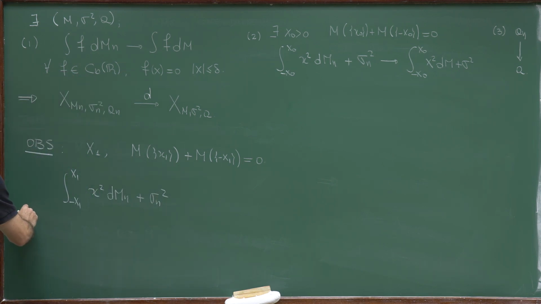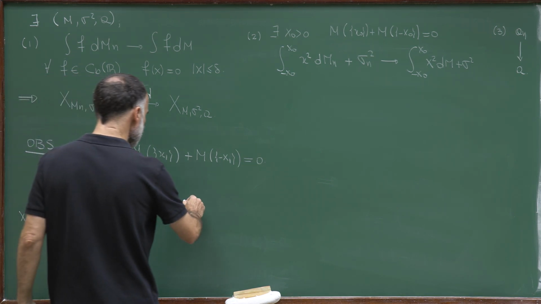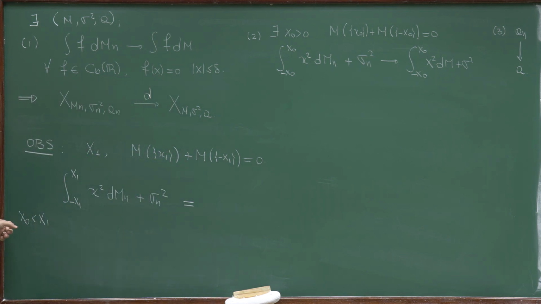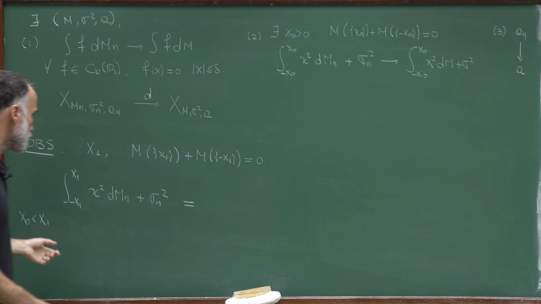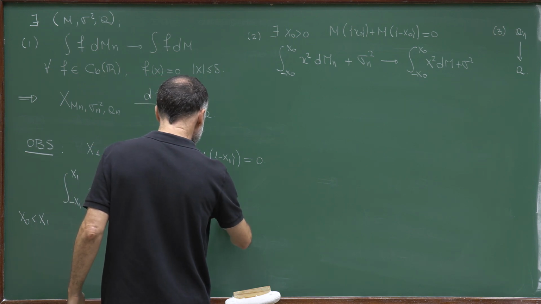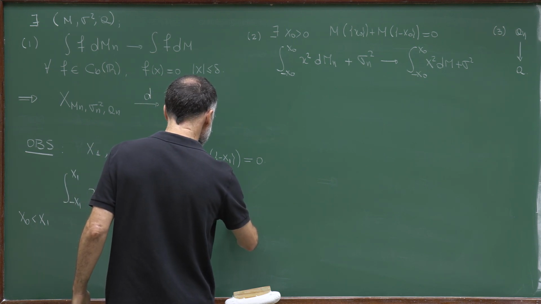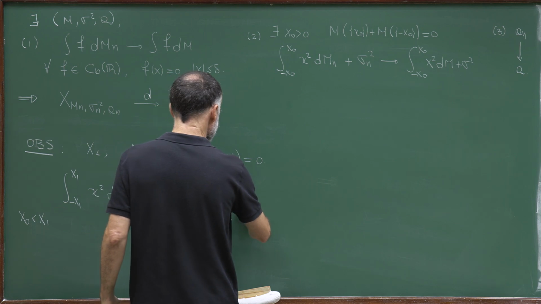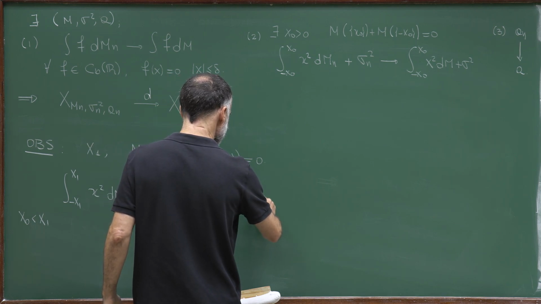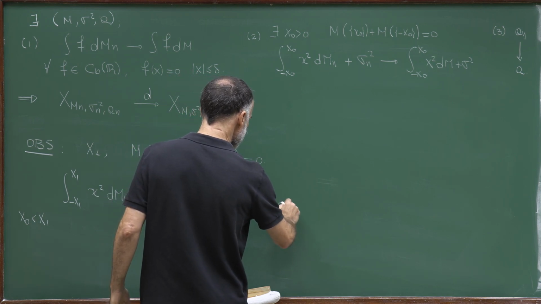Let me assume, without loss of generality, that x1 is larger than x0. You see that the same proof applies in the other case. So the idea here is, of course, to write this as the integral from minus x0 to x0 of x squared dmn plus sigma n squared.